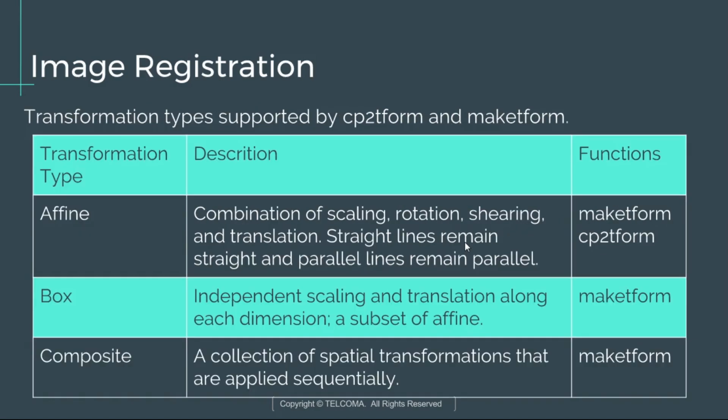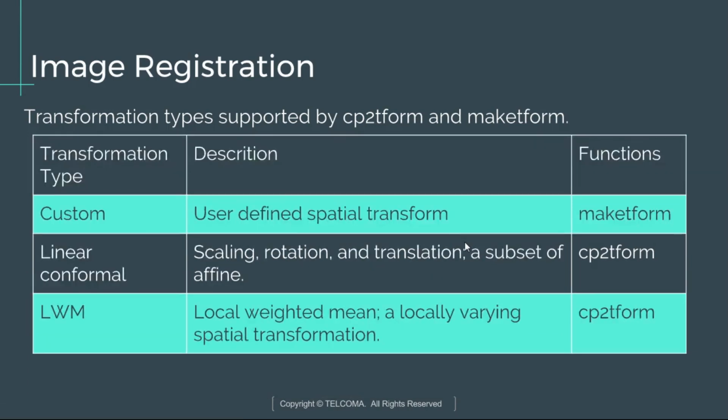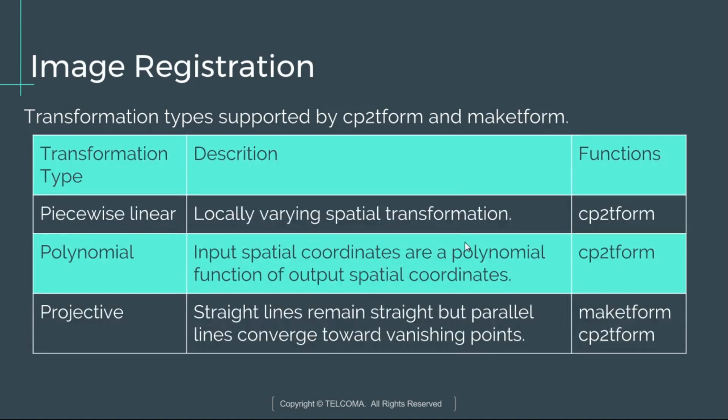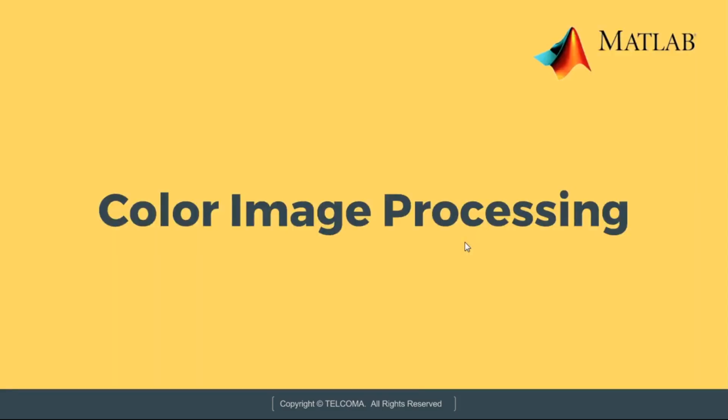Transformation types supported by cp2tform and maketform are shown here: affine, box, composite, custom, linear conformal, and LWM. You can go through these tables by yourself by pausing the video here. Other transformation types supported by cp2tform and maketform are piecewise linear, polynomial, and projective.